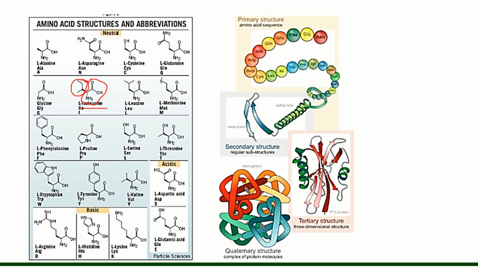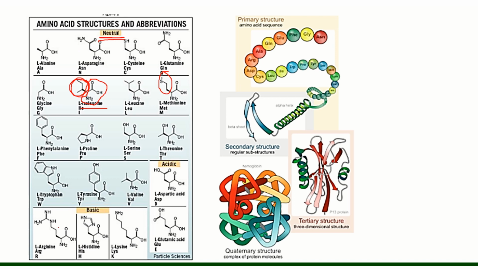You should realize that it is a hydrocarbon, so this therefore is a neutral amino acid. You can see also, for example, if you look at methionine, same sort of thing. It's a methyl, so it's a neutral amino acid.